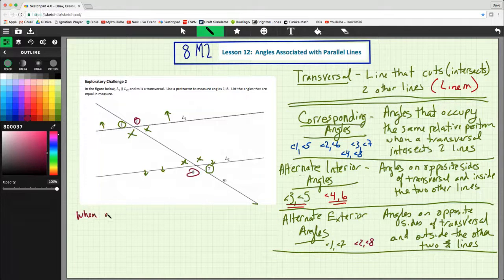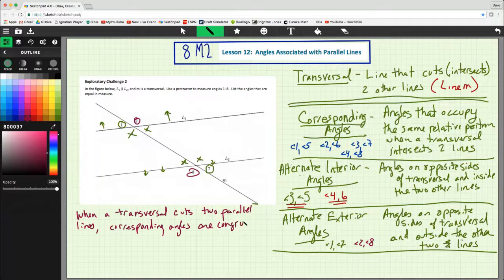When a transversal, and here's the key, when a transversal cuts 2 parallel lines, corresponding angles are congruent.